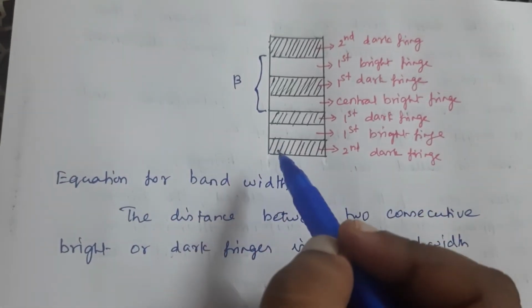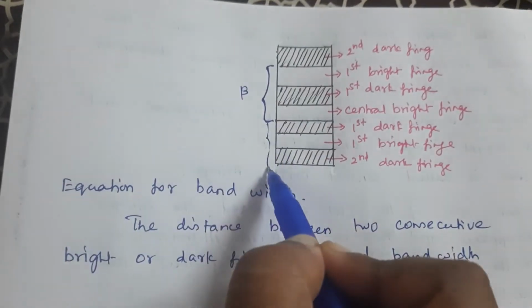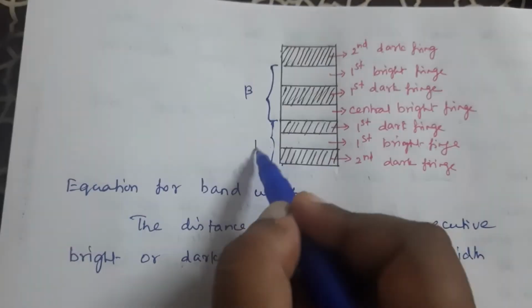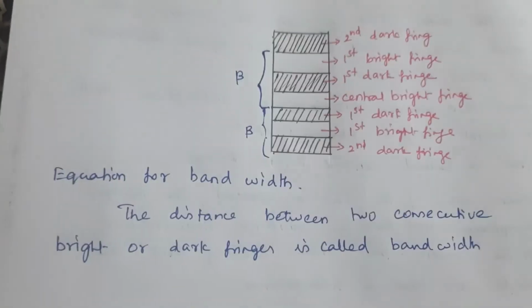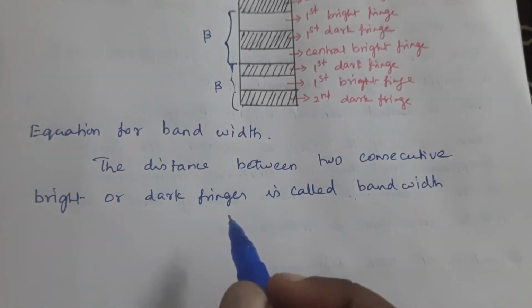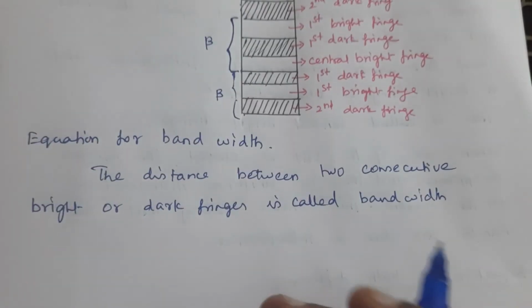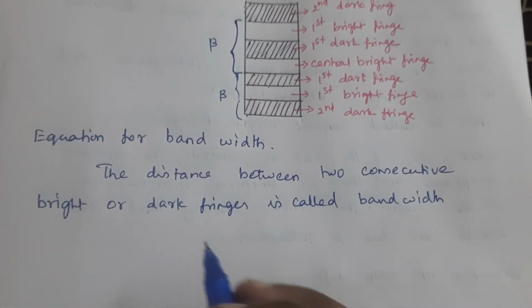Or the distance between two consecutive dark fringes, this is one dark and this is one dark, this is also beta. So the distance between two consecutive bright fringes or two consecutive dark fringes is called bandwidth.